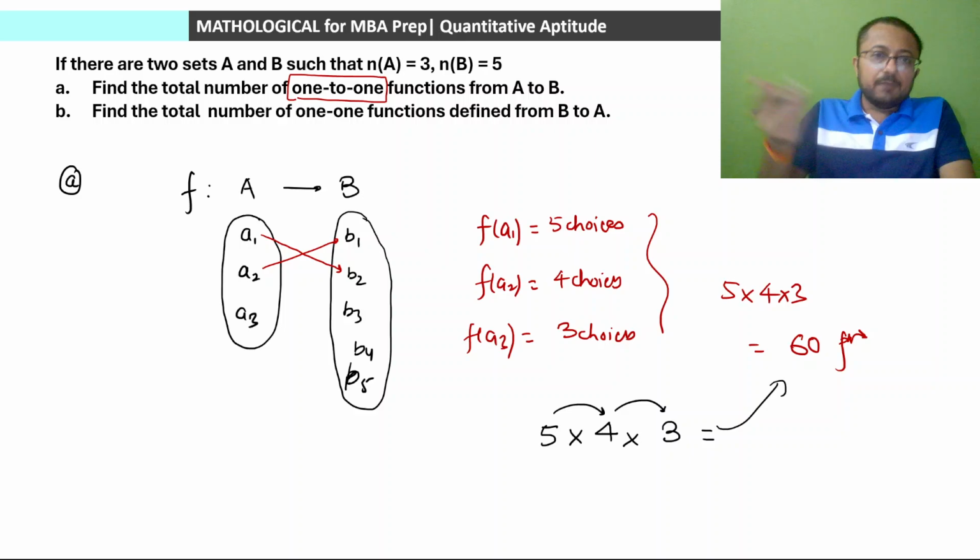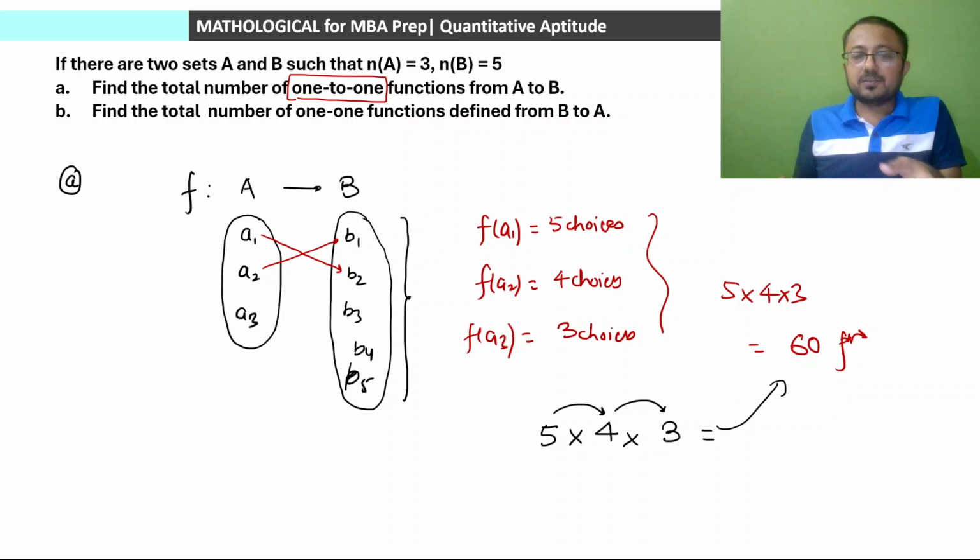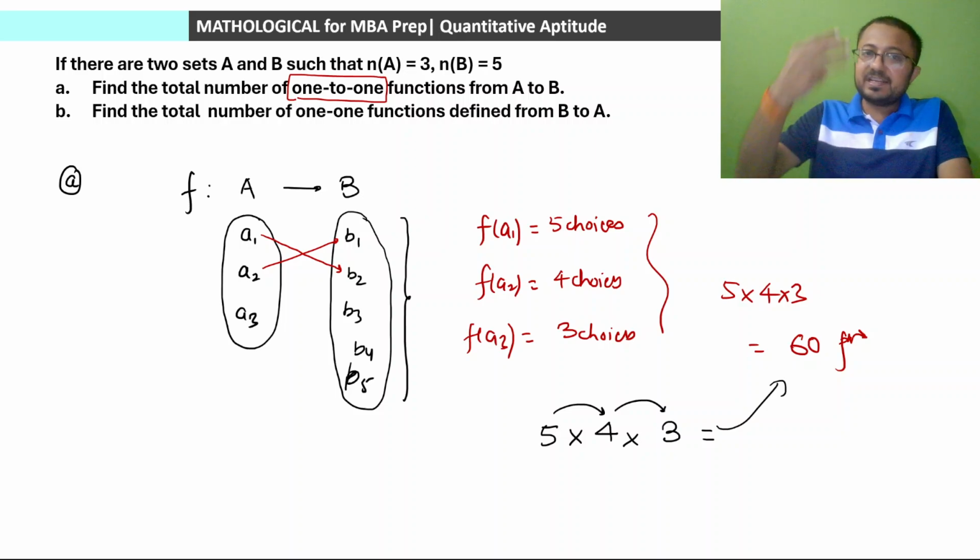Or basically we had to select first 3 elements out of these given elements and then we have to arrange those 3 for our 3 elements of the domain to make one-one function. अगर हमें one-one function बनाना था तो उसके लिए first we'll be selecting, since there are 3 elements in our domain, 3 elements in set A, तो we'll be choosing 3 elements in set B in the codomain for range.